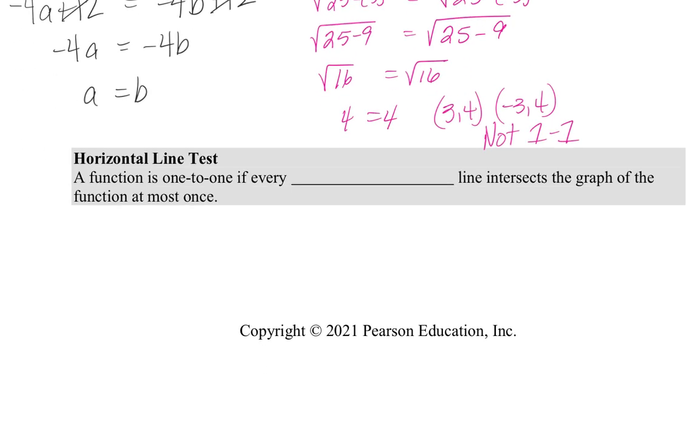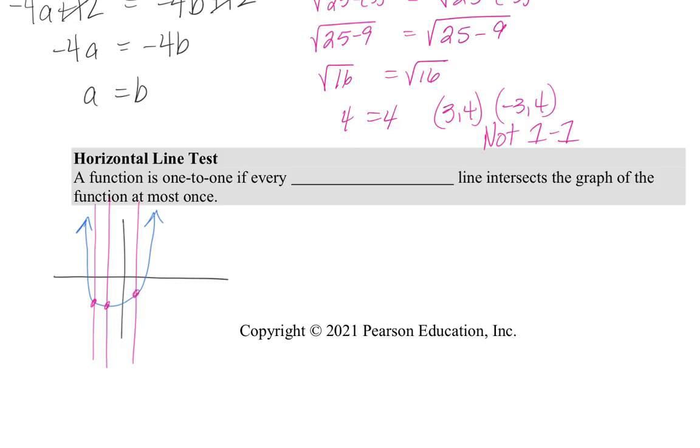Also remember when we were doing functions, we talked about the vertical line test. If we had a graph such as this one, and we run a vertical line, that vertical line only touches our graph one time. That one touches it once, that one touches it once, that one touches it once, meaning that that is a function. But for the horizontal line test, we run a horizontal line.